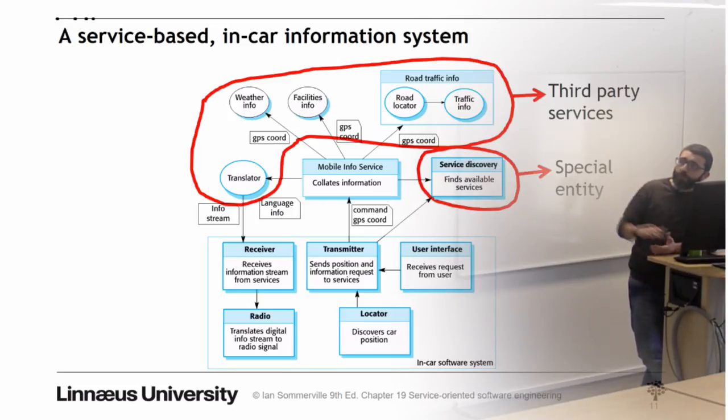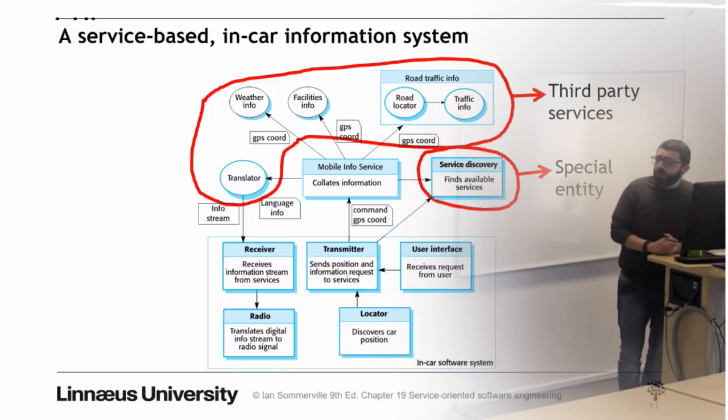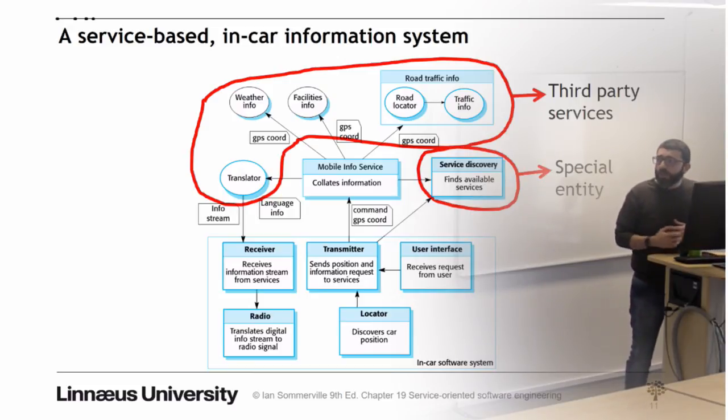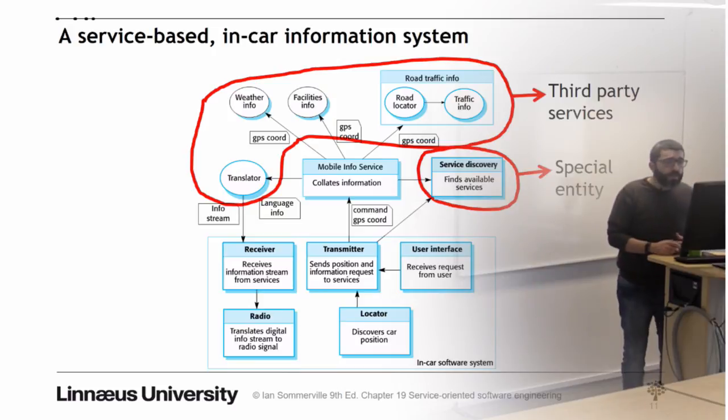This set of services exist, they are available on the internet, and so the idea of a service-oriented architecture is that we can exploit the set of services that are really available on the internet.